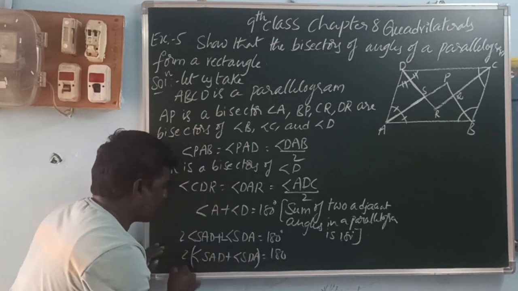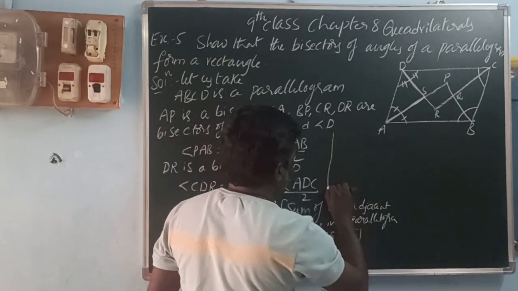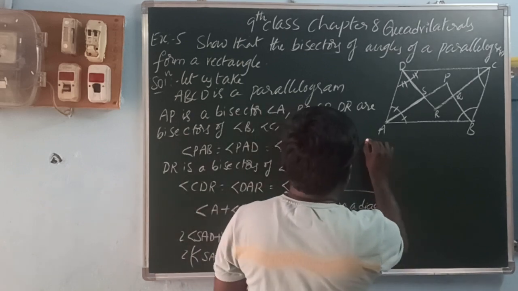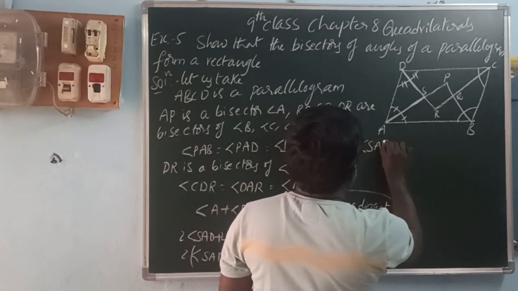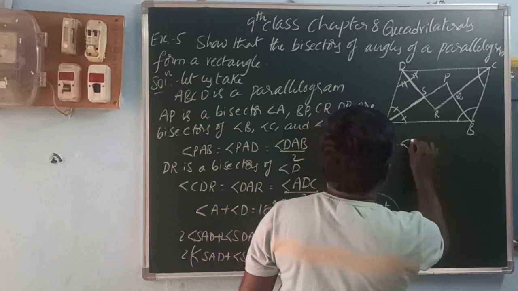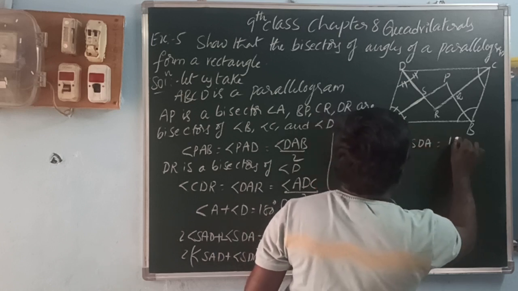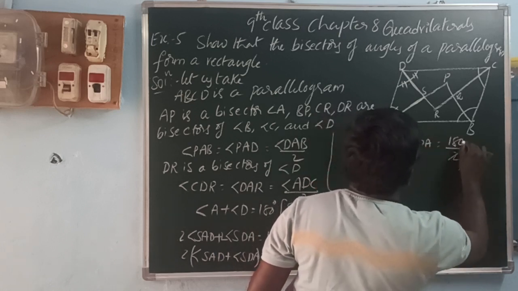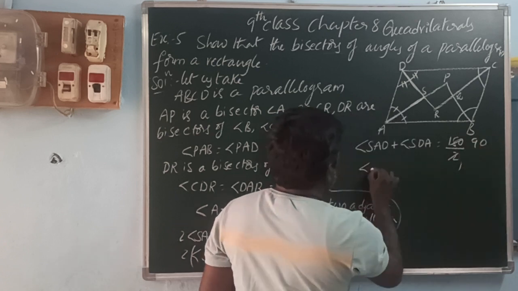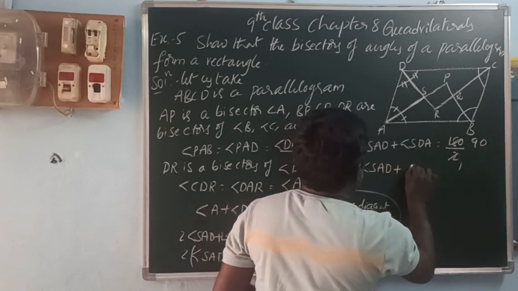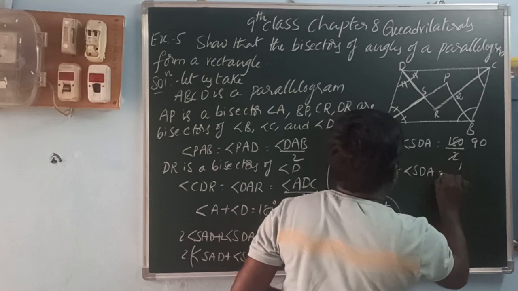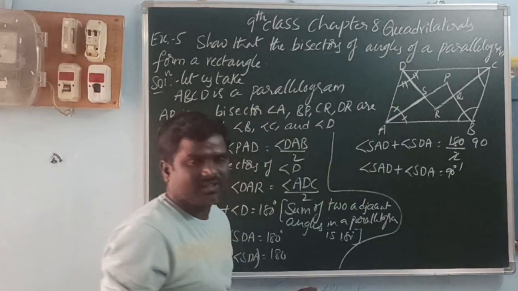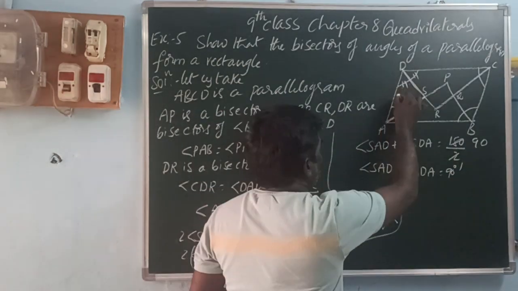So the 2 multiplied goes to the other side as divide. So angle SAD plus angle SDA is equal to 180 by 2, which is 90. So angle SAD plus angle SDA is equal to 90 degrees. These two angles sum is 90 degrees.